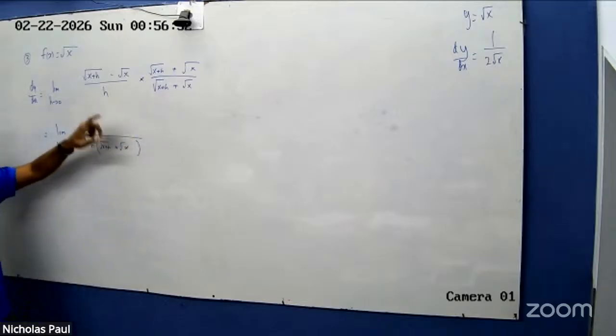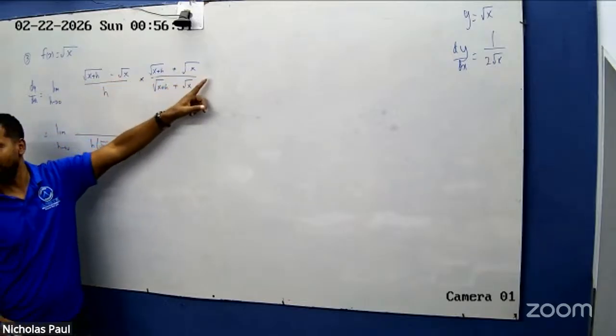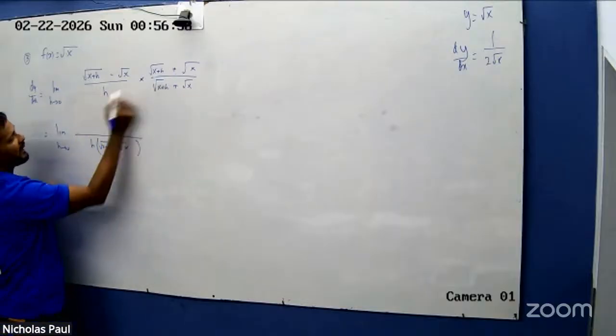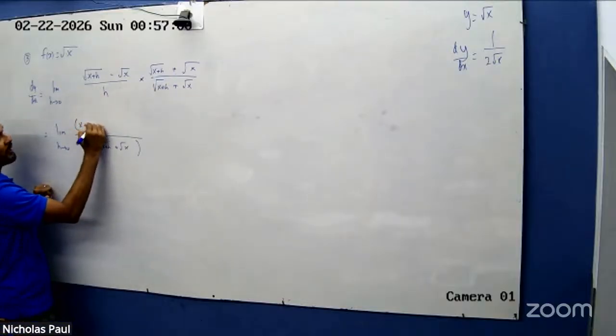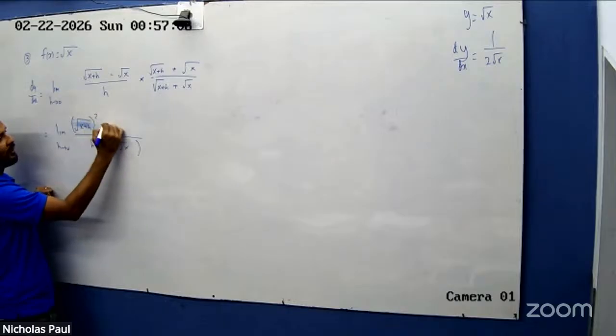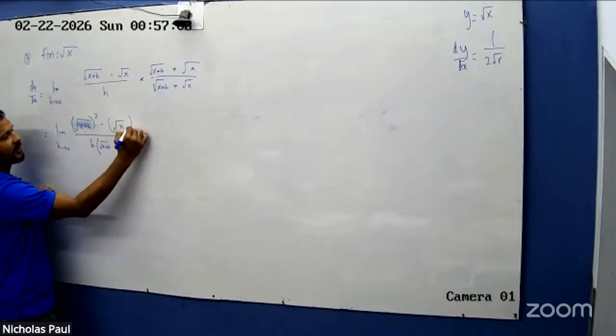Keshav, you recognize this? Difference of 2 squares, right? So to multiply it out, let me write it the long way: the square root of x plus h squared, minus the square root of x squared.